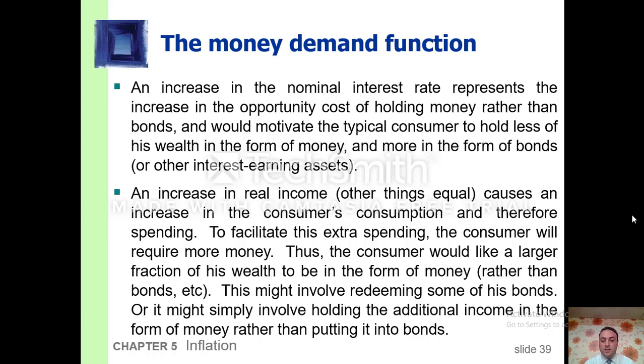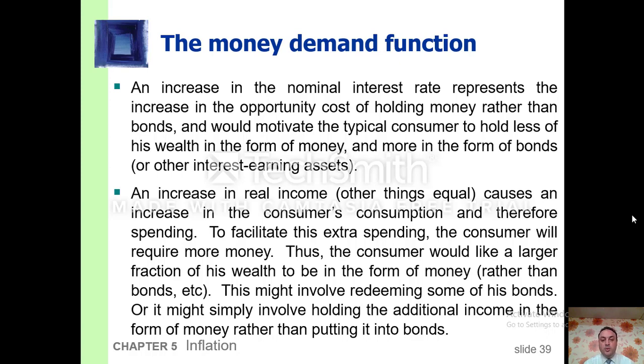To facilitate this extra spending, the consumer will require more money. Thus, the consumer would like a larger fraction of his wealth to be in the form of money rather than bonds. This might involve redeeming some of his bonds, or it might simply involve holding the additional income in the form of money rather than putting it into bonds.